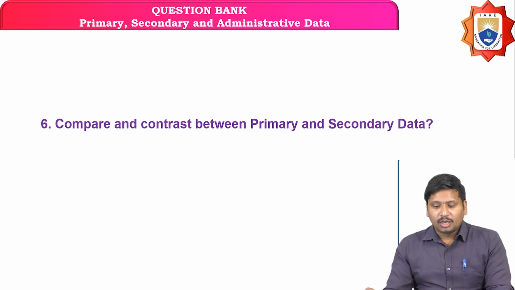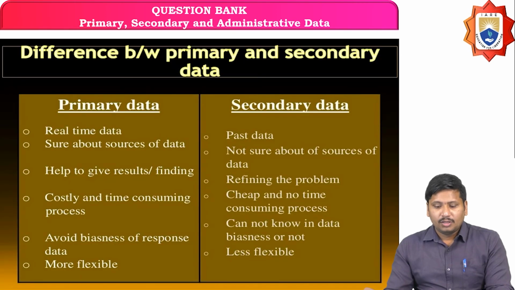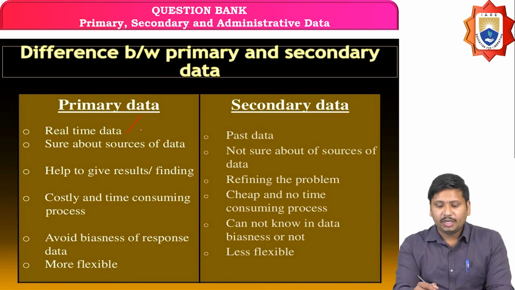Next one is the comparison and contrast between primary and secondary data. If I take primary data, the data we collected should be real-time data, and we should be sure about the sources of the data, and it should also help to give results and findings. It is a costly and time-consuming process, it should also avoid bias or response bias, and it is more flexible.